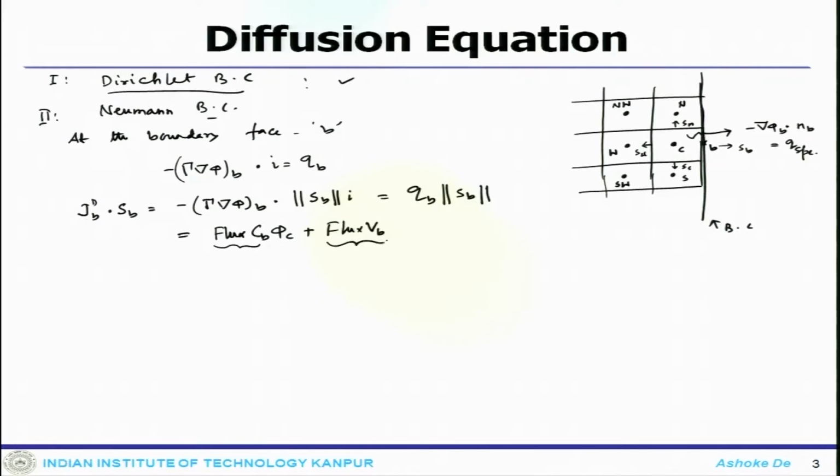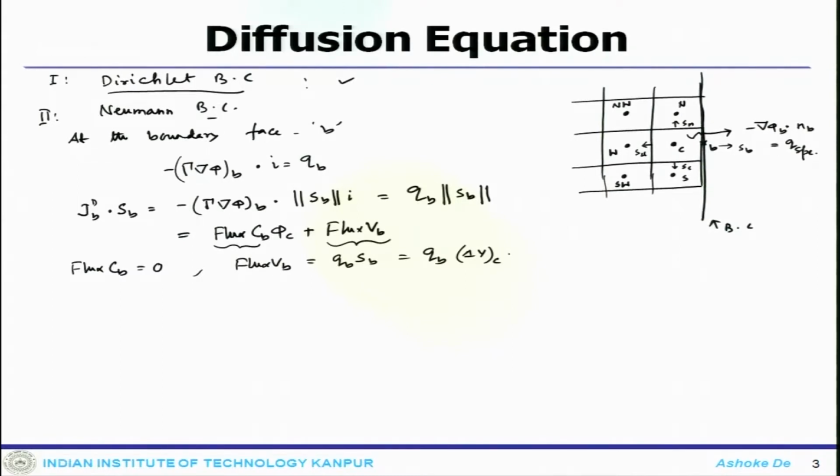So, these coefficients one needs to find out, and if you look at this particular condition, they turn out to be: the flux Cb would be 0 and the flux Vb would be Qb Sb, which is essentially Qb delta y C. So, that is what you get.